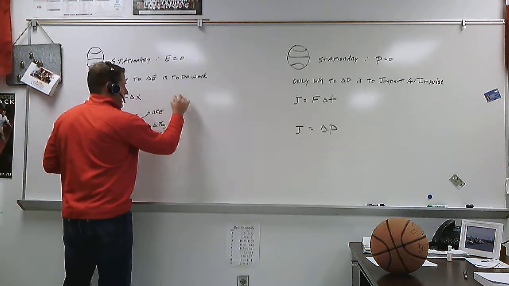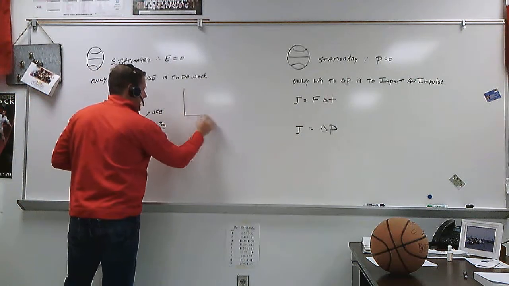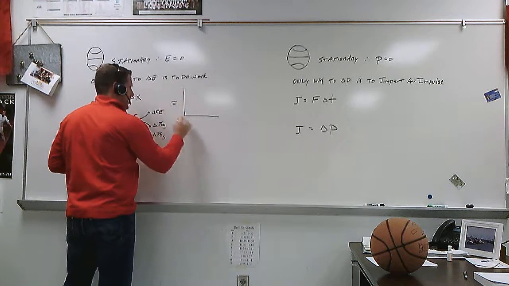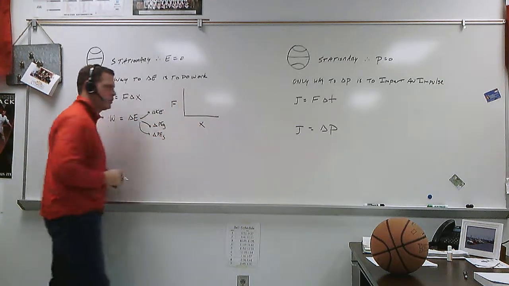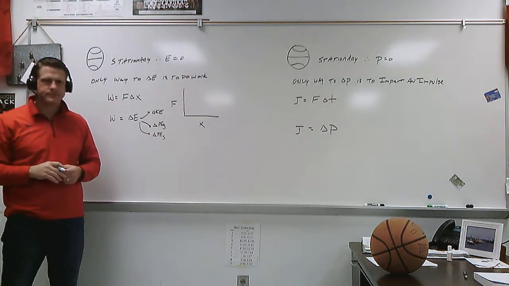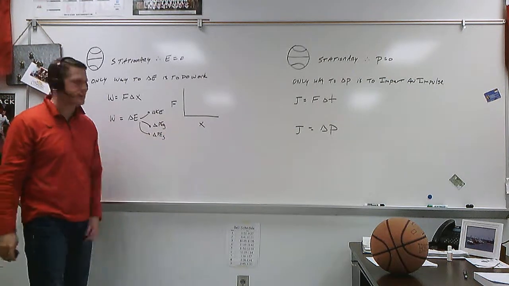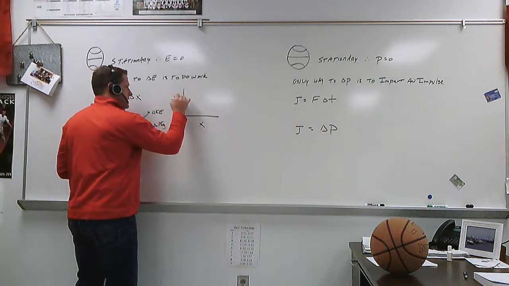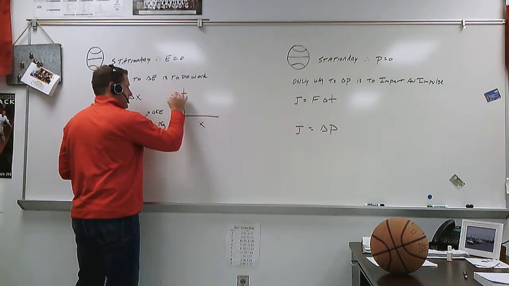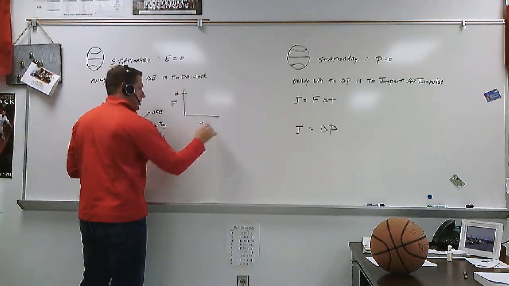If I take and graph force as a function of location, we're going to be able to do something with this graph. Let's make the graph as easy as possible to start with. Let's say we've got some number up there.